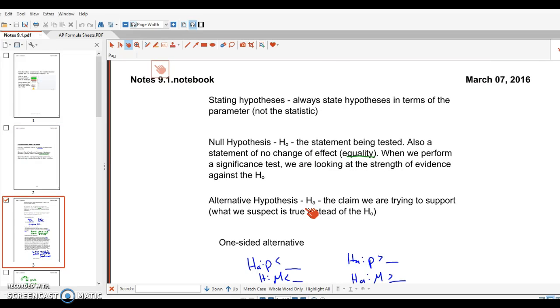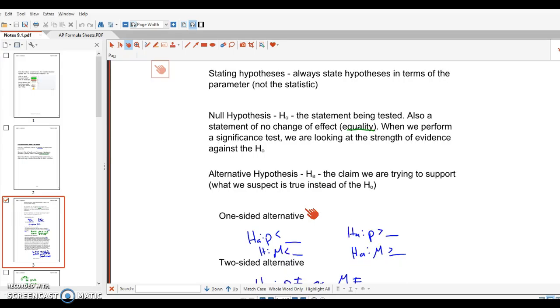Okay, so in terms of our four-step process, state, plan, do, conclude, that we've done in other portions of this textbook, the first part that has pretty strict rules in terms of what you need to do for a hypothesis test is that you will state the hypotheses. There will always be two of them. The null hypothesis, which is H subscript 0. You'll recognize it's like the H naught, the little subscript 0, meaning the initial hypothesis.